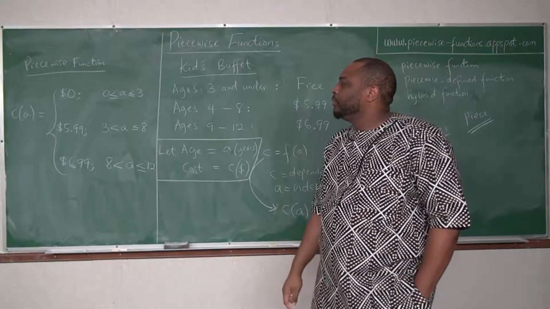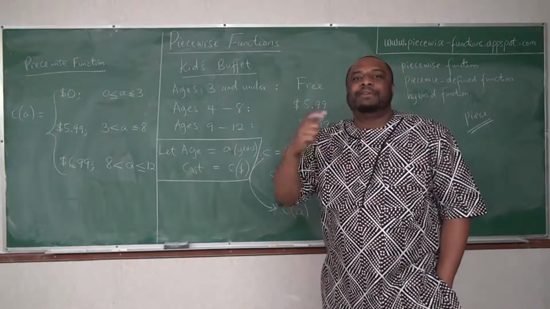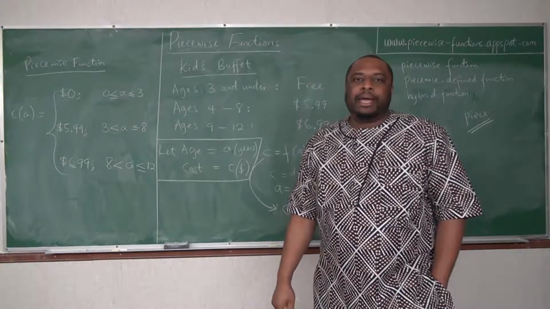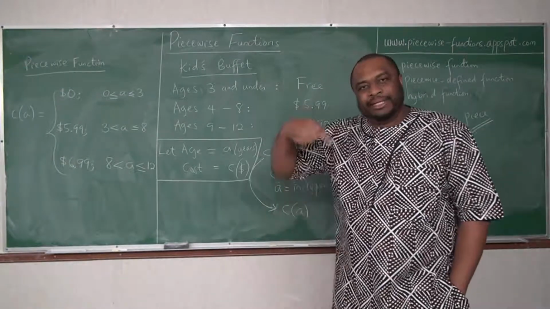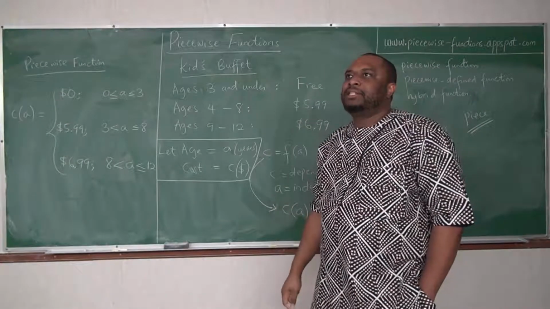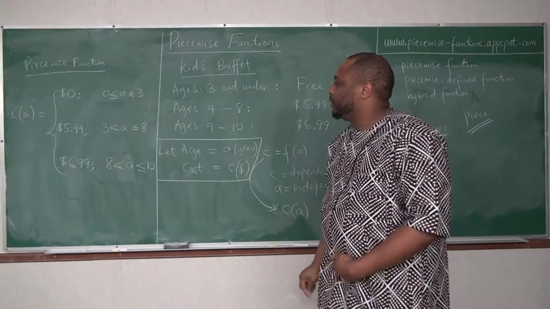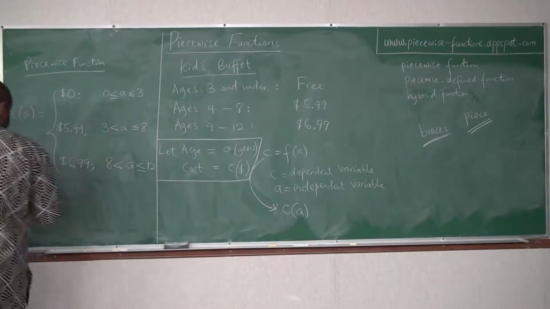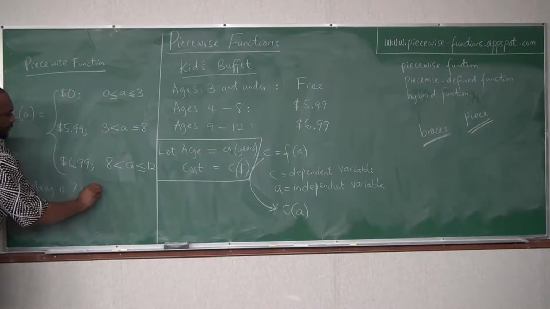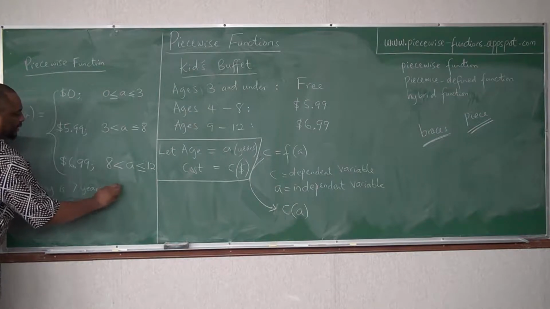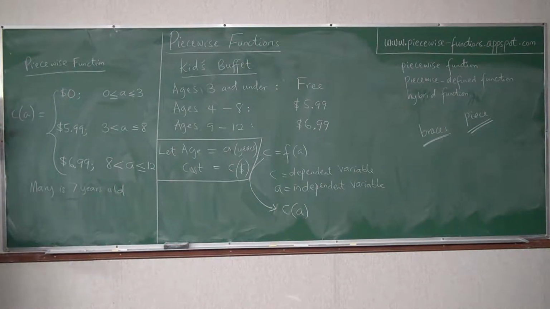Now what if I ask you, Mary is 7 years old. How much will be her checkout price, including taxes? Let's say the restaurant charges 7.5% tax.